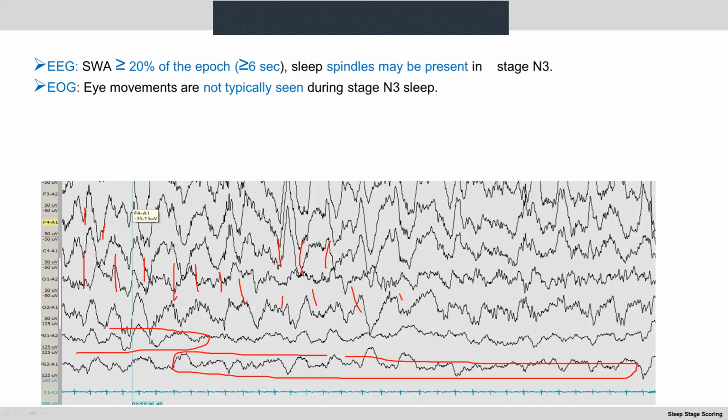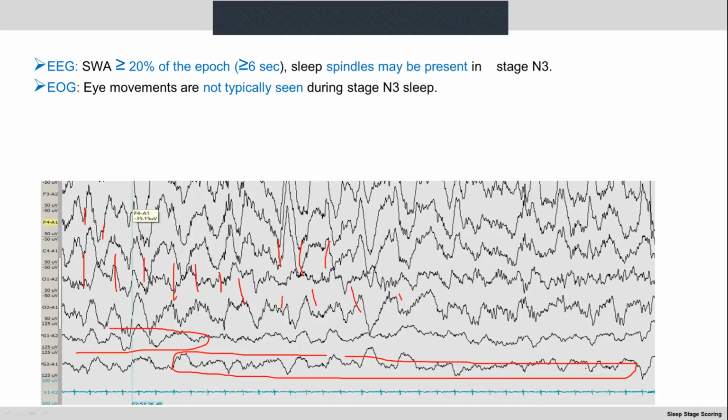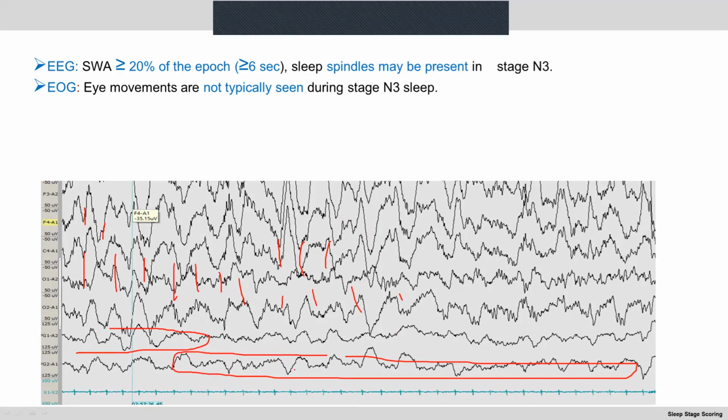But here there is this artifact. The slow wave activity is so high that even the electrodes present at the eyes are picking up those signals. So this is the EEG artifact in EOG. Okay, I explained it already.